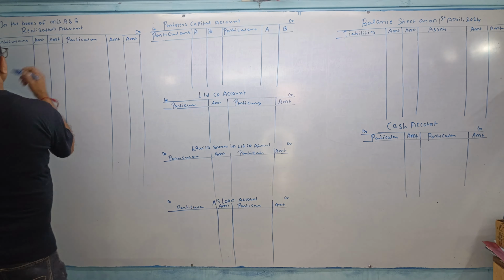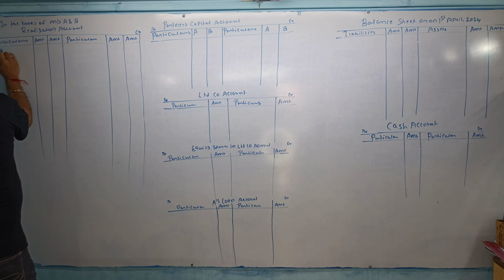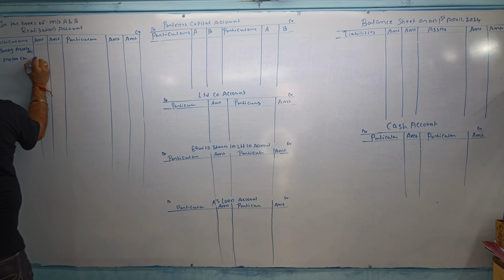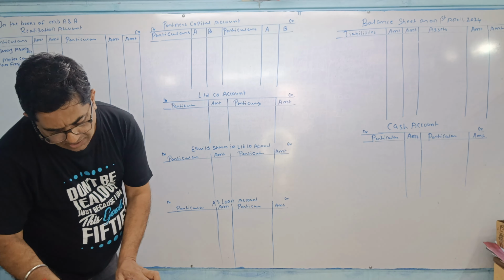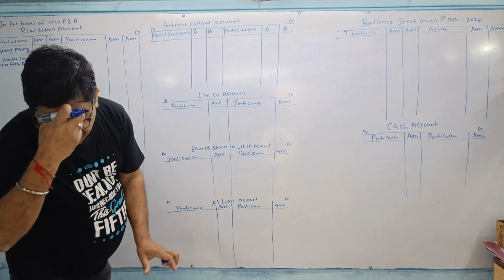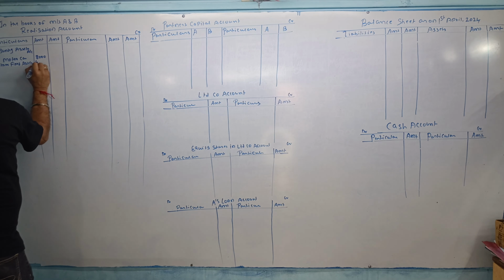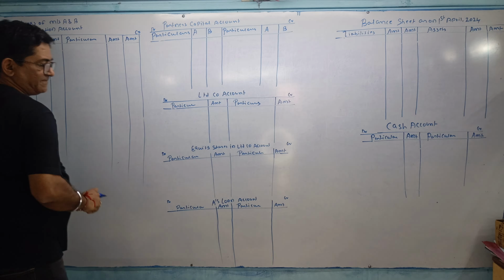So our entry will be realization account debit to sundry assets account, motor car 8,000, other fixed assets. Now see fixed assets are 50,000, so 50 minus 8, so 42,000, other fixed assets 42,000.